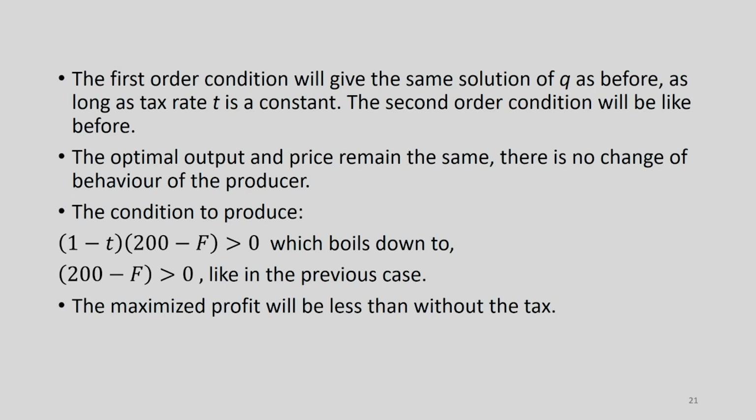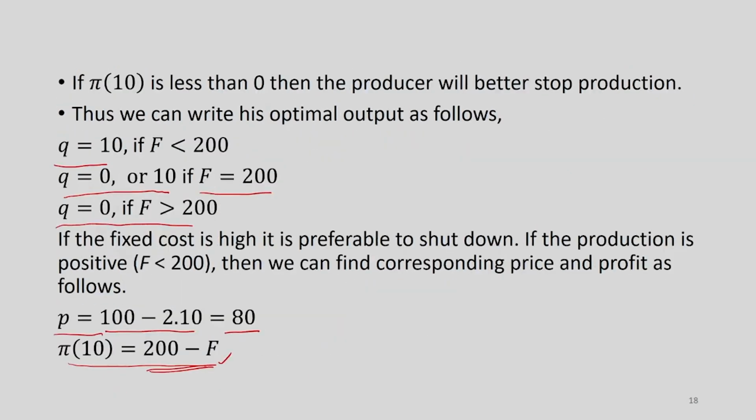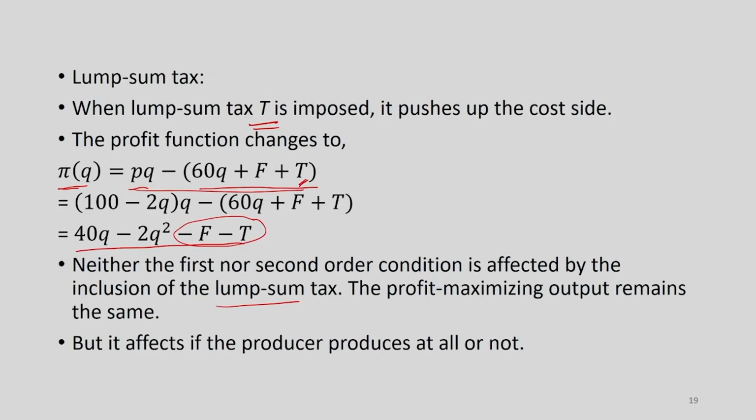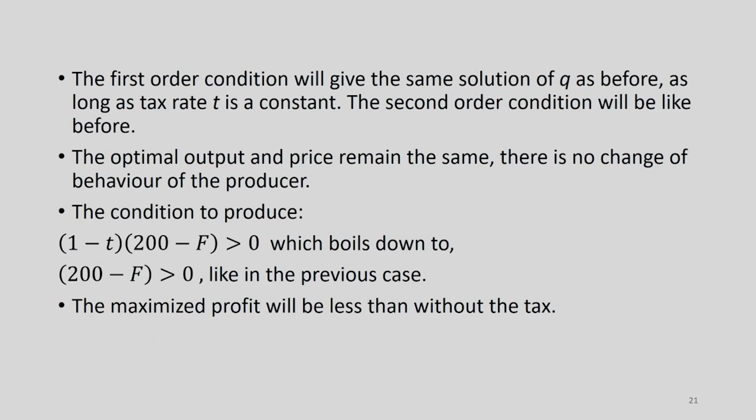The optimal price and output we got earlier were what? Q is equal to 10 and P was, I think, equal to 80, right. So, 10 and 80, optimal quantity and price, those things will hold here also, but there was, remember, a condition whether the producer will be producing at all or not.